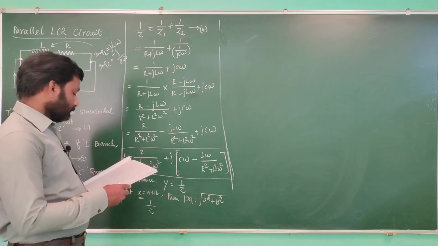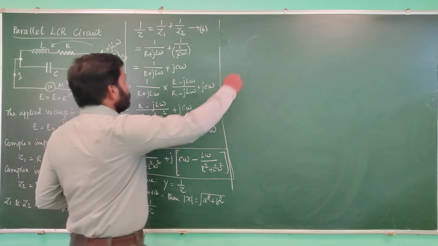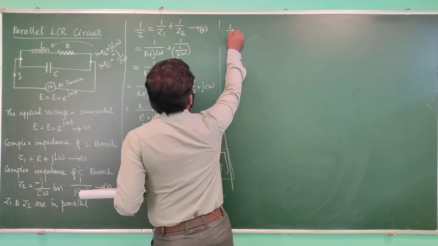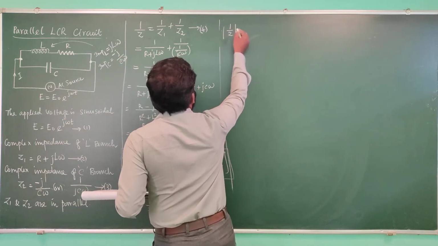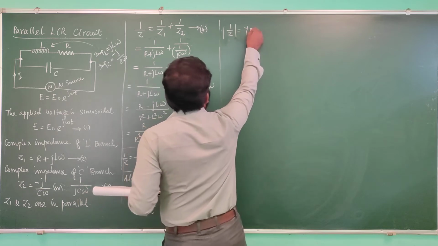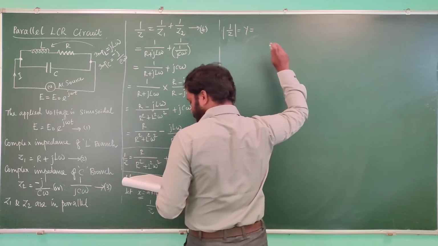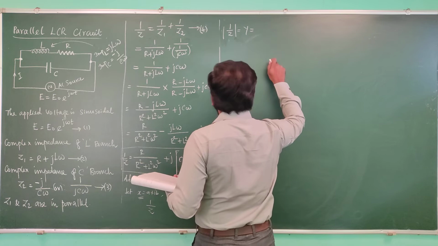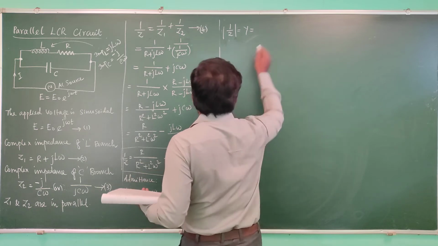Let's do that. If you want to write the mod of 1 by Z, which is equal to Y, that is equal to, what is a square?